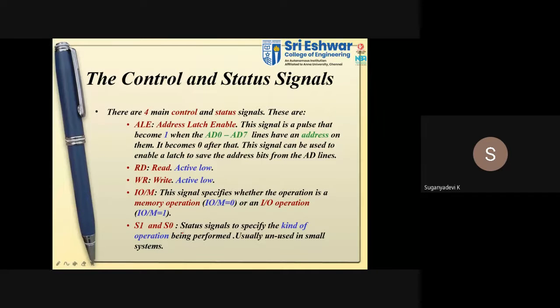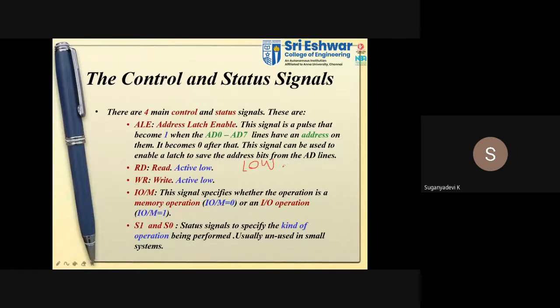What is active low? An active low signal is nothing but whenever you give the low signal to the read pin or write pin, it will get activated. What do you mean by low and high signal? Low signal is nothing but 0.